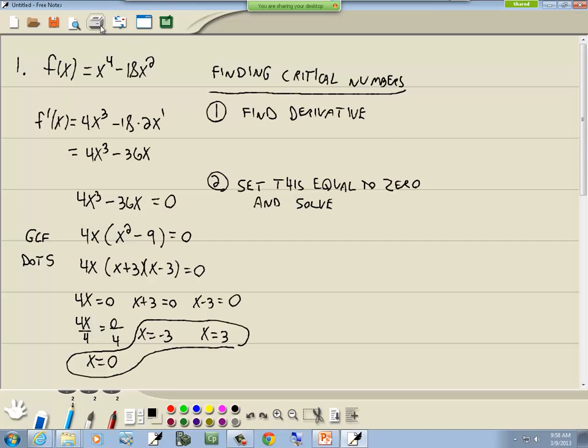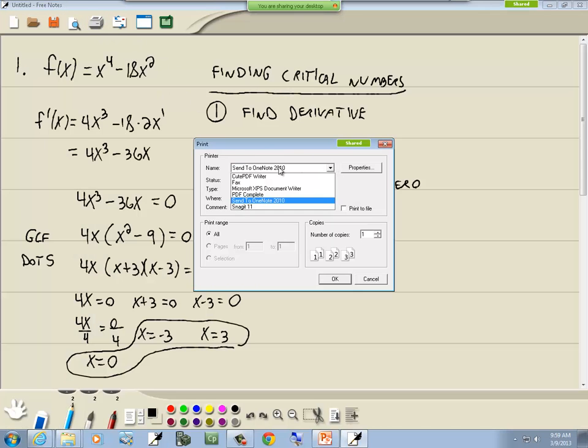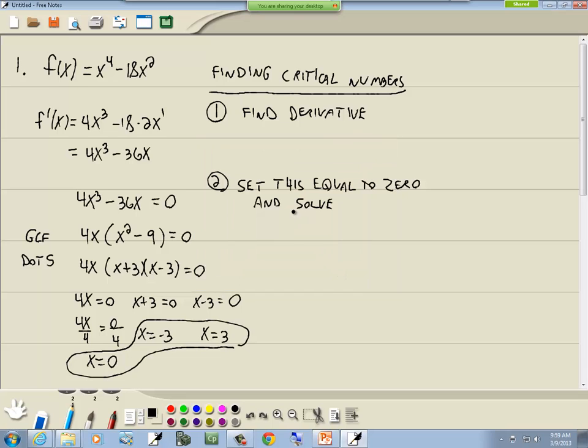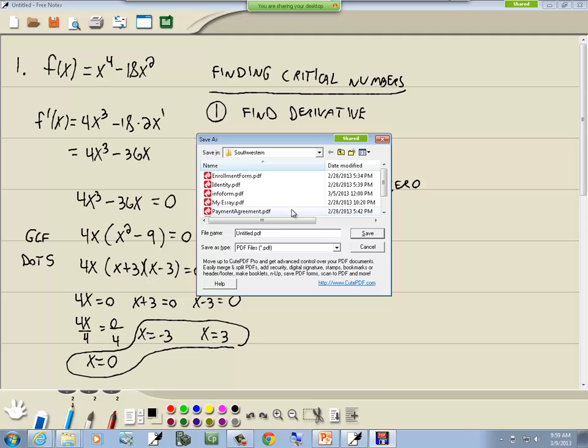So what's this section called? Extrema on an interval. So let me save this page.